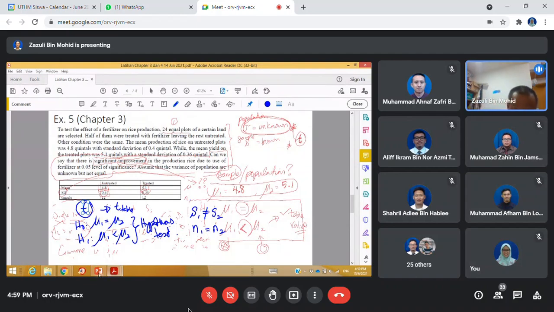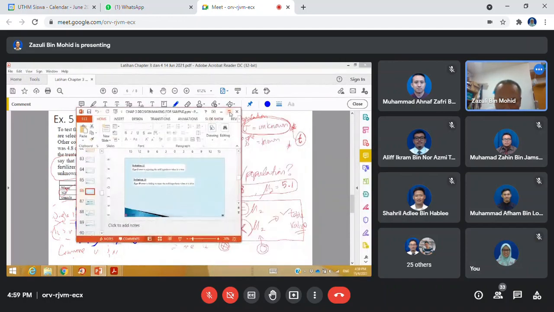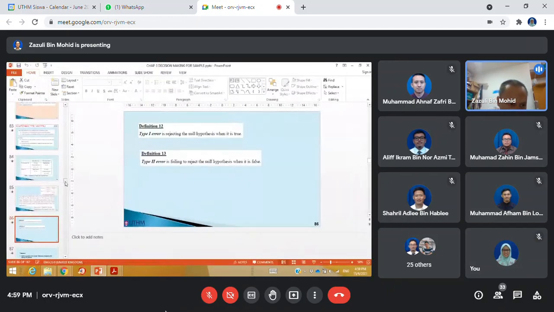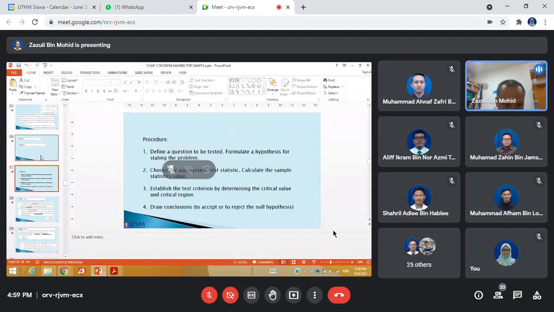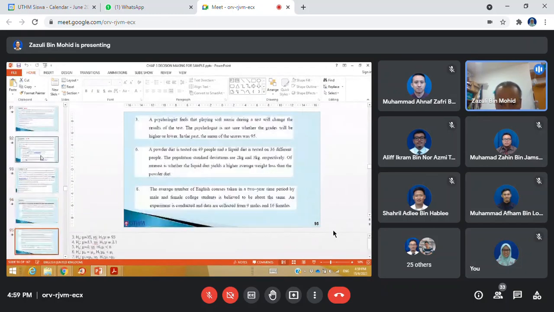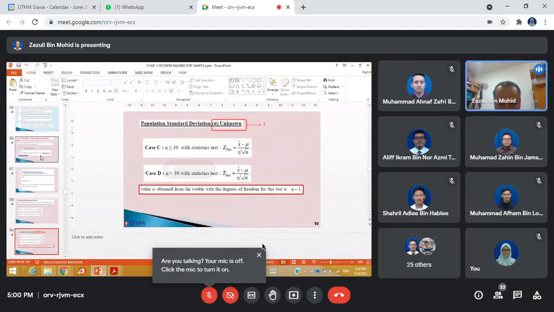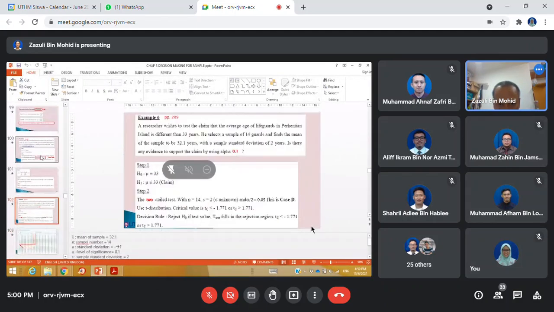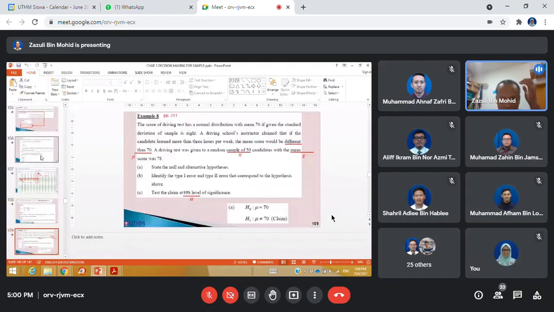Look back on this slide. I forgot which slide it is, but we have type one error, type two error, case 1, case 2, and case 3. In this case, we have 2 means there.